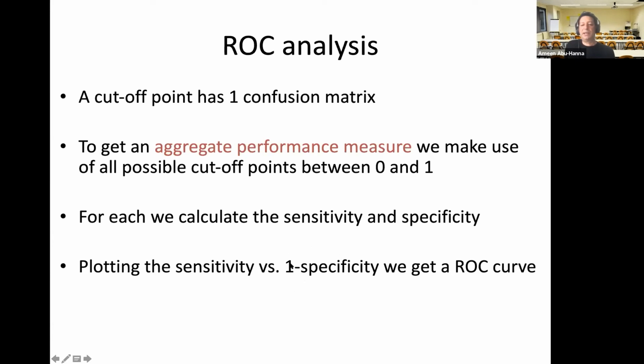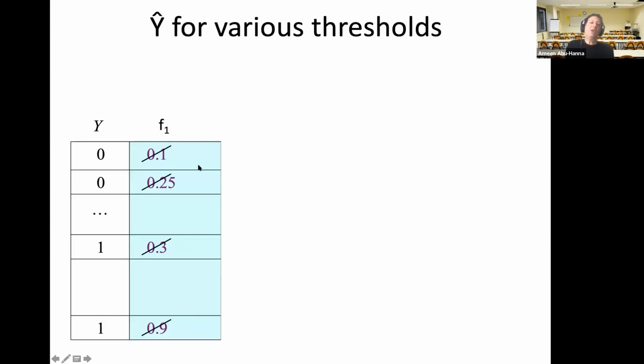It's just a custom to use this measure. You could also put specificity, you get a bit different graph, but this is the common way to do it. So now we're gonna go back to, this is the truth, the Y 0/1, and this is our prediction.